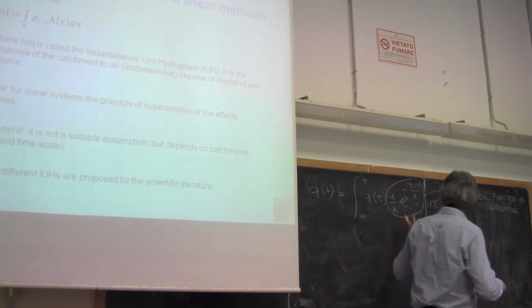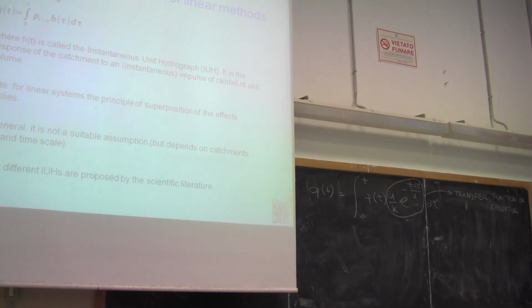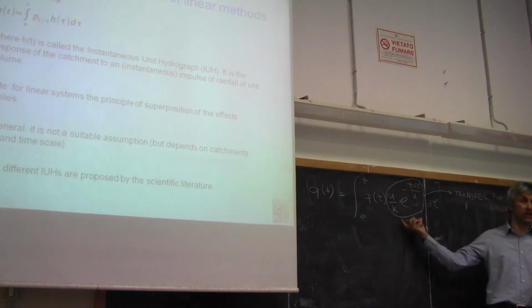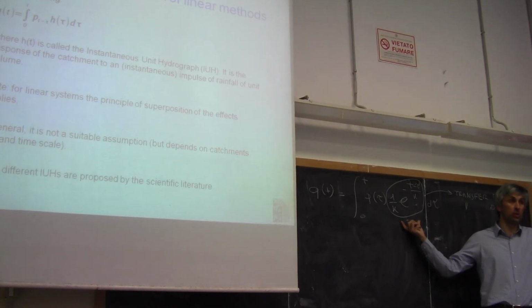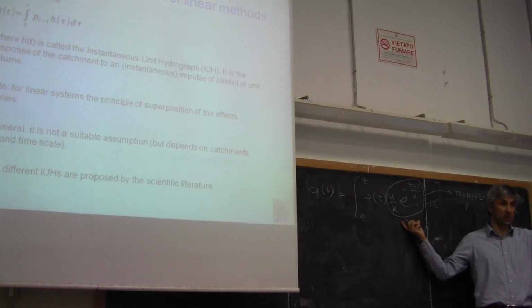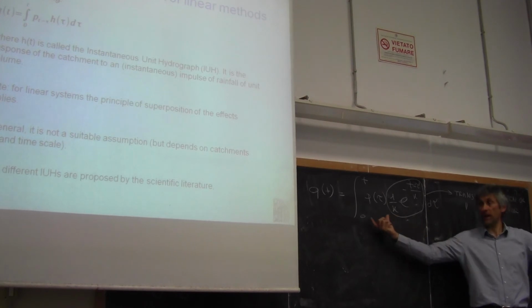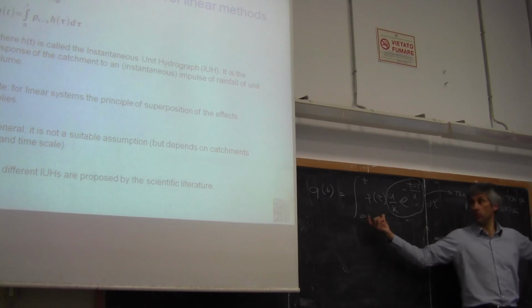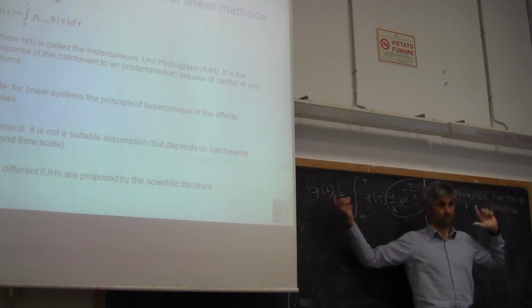Okay, and this is linear because this term is like giving you the coefficient of a linear combination. So this gives you the coefficient which, multiplied by rainfall, gives you the river flow.